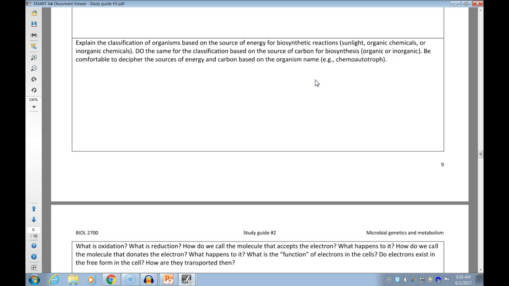Most microbes, like most bacteria, practically all fungi, mammals, they are what? What do they use as a source of energy? Chemicals. So chemo. Where do they take carbon from, organic or inorganic? Organic. Chemoheterotrophs. Does that make sense?